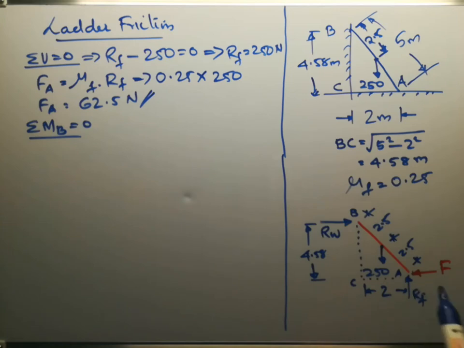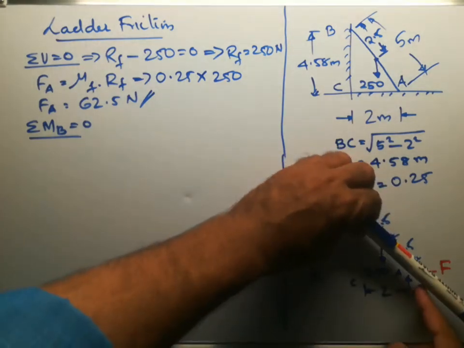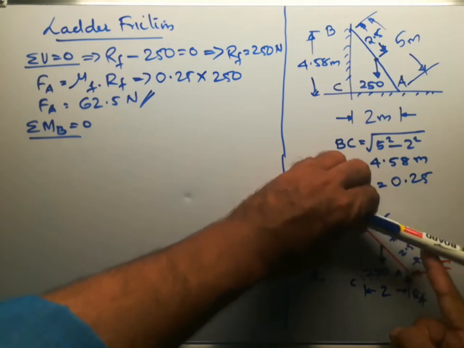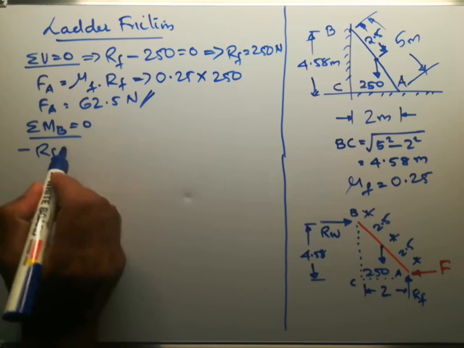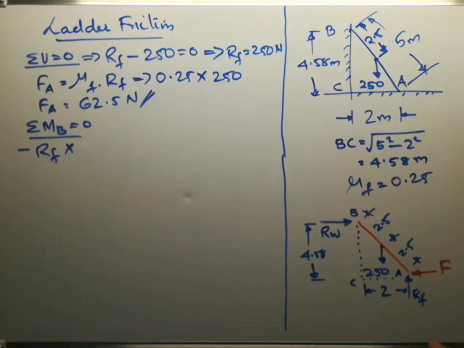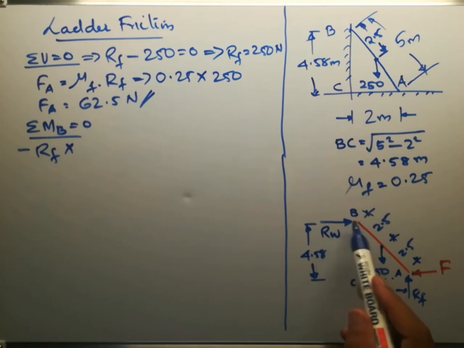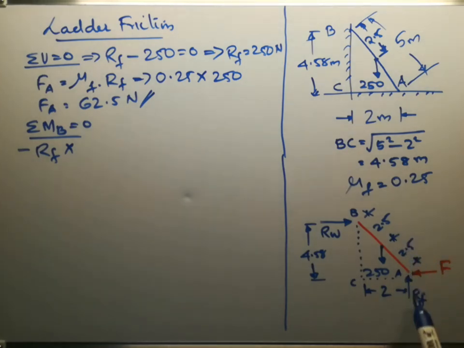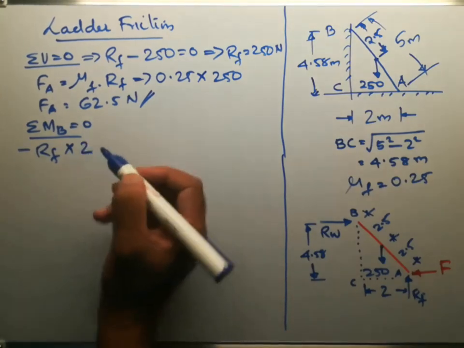RF will make an anti-clockwise moment, so minus RF into the perpendicular distance, which is AC, that means 2.